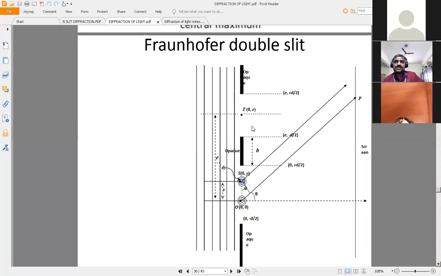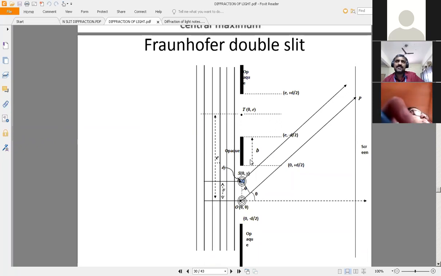And as you can see, there are some black patches shown over here. These black patches are opaque surfaces. Opaque means they are not transparent. We cannot see any light through them, right? So these opaque surfaces are the blockage of light between two neighboring slits. So we have first slit, second slit.